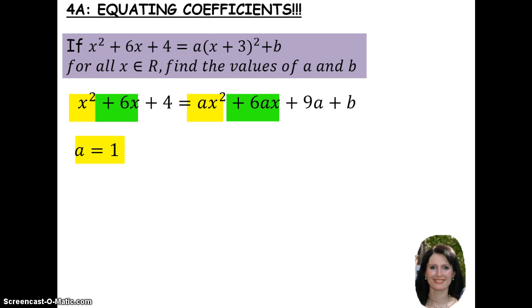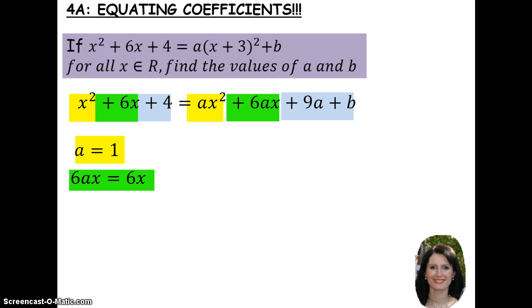Let's now look at the green. We've got the coefficient of the x. On the left we've got positive 6x, so positive 6 is the coefficient. On the right we've got positive 6ax, so the coefficient is positive 6a. Therefore 6ax equals 6x.